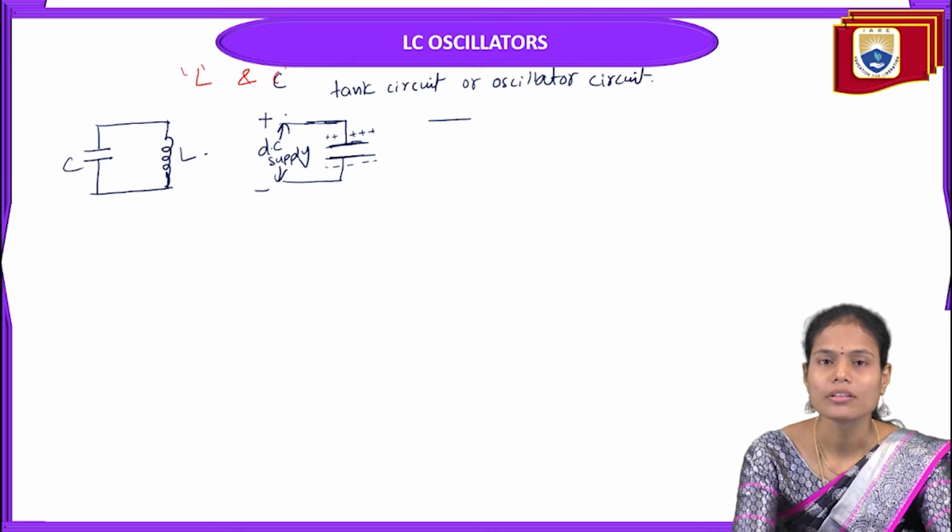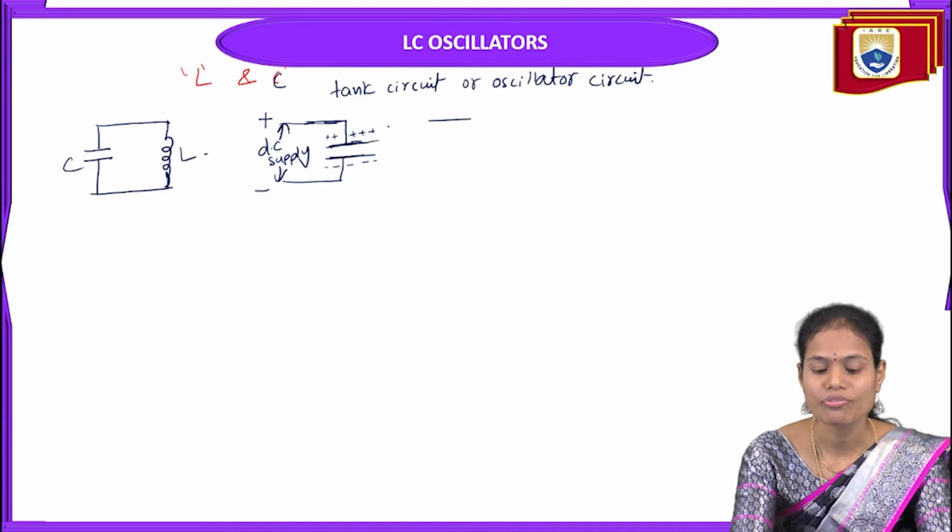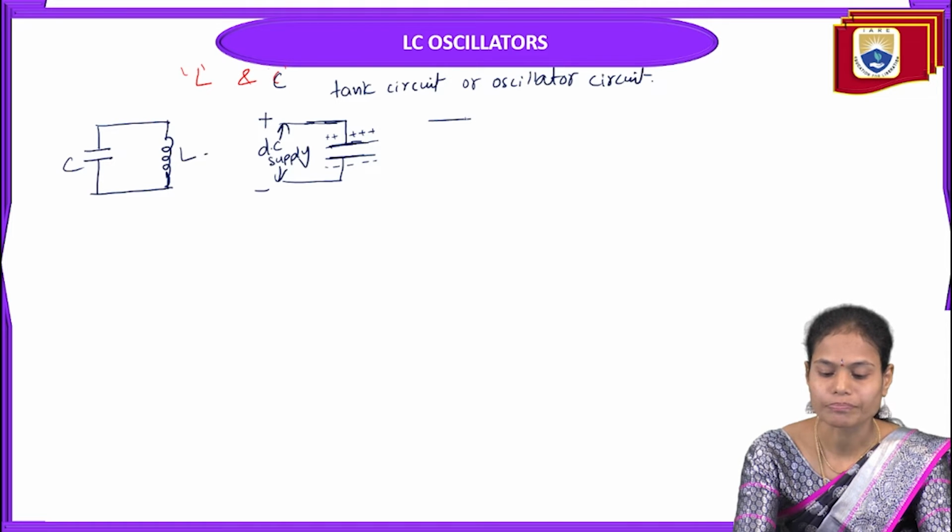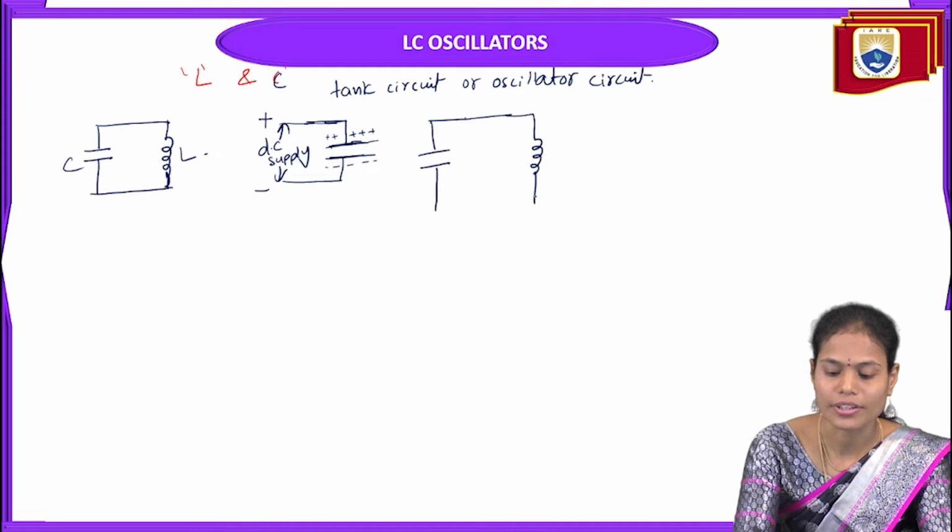Depending upon which type of polarity of source we are applying to the capacitor, according to that, the capacitor starts charging here. For this particular charged capacitor, I am connecting one inductor circuit in parallel. Now the capacitor is fully charged.